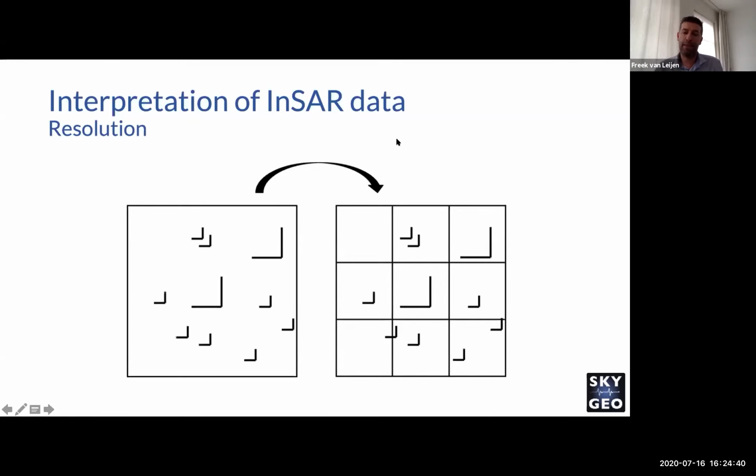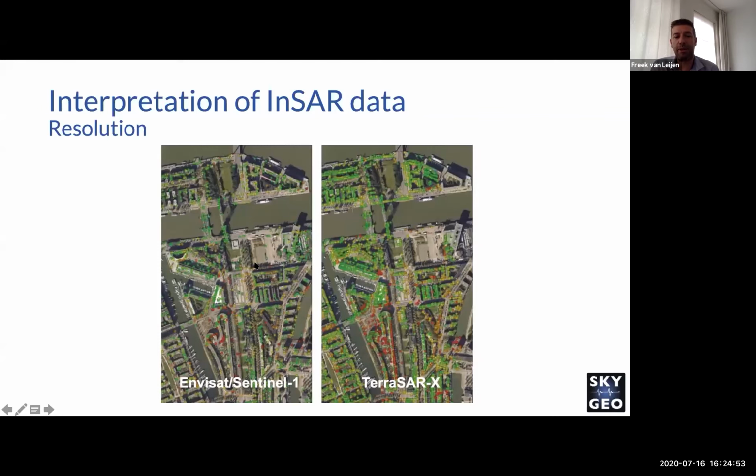Okay, these were some questions from your side. Thanks for that. Back to the topic of resolution. This is the situation regarding resolution, and basically what it results in is something like this.